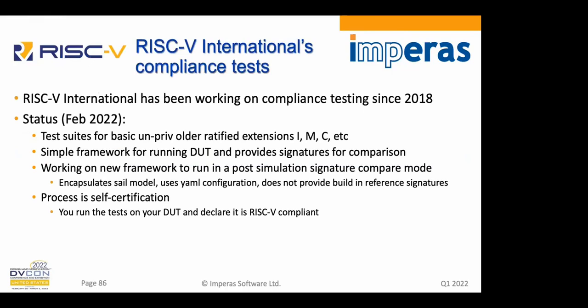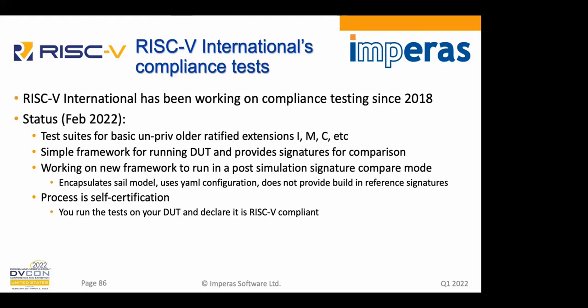RISC-V International has been working on compliance testing since 2018, and the status today is that the test suites for basic unprivileged and older ratified extensions are available, and it's a simple framework for running the device under test and provides a signature so you can compare.